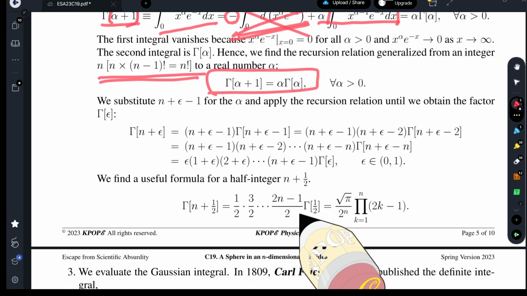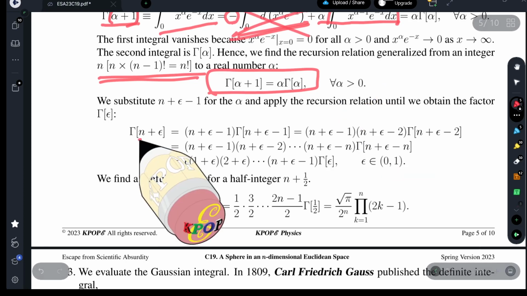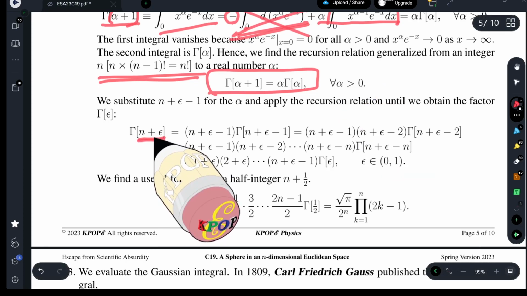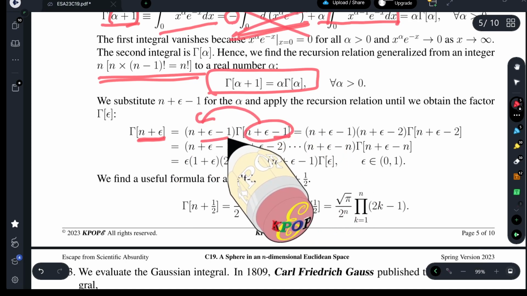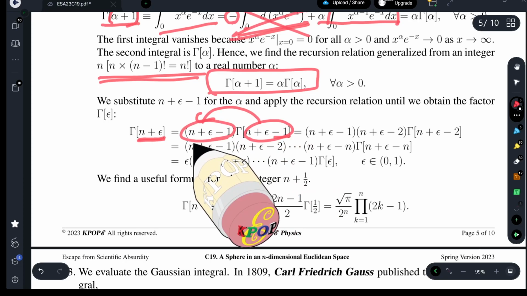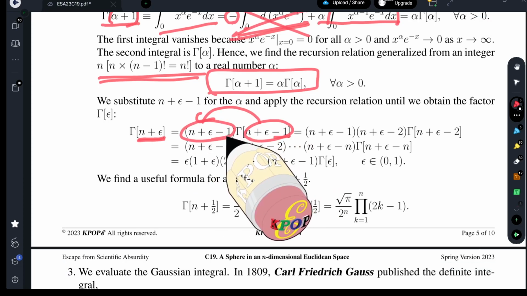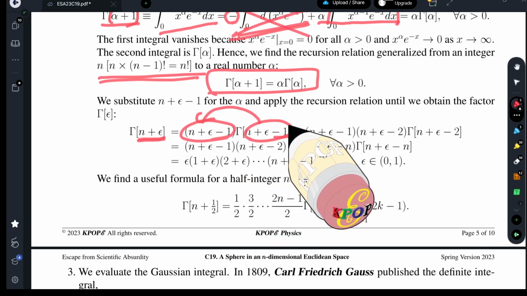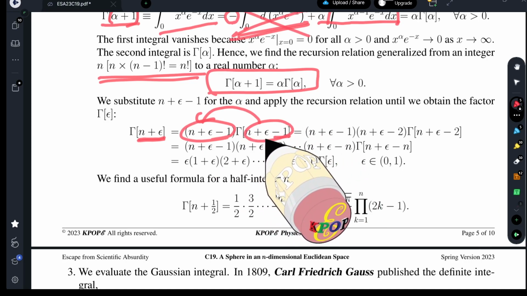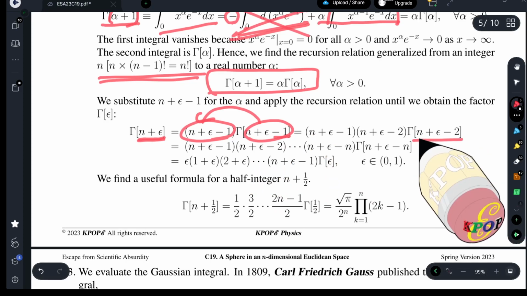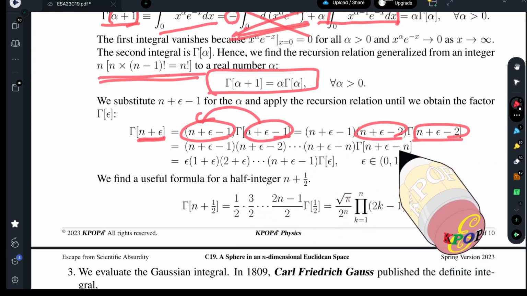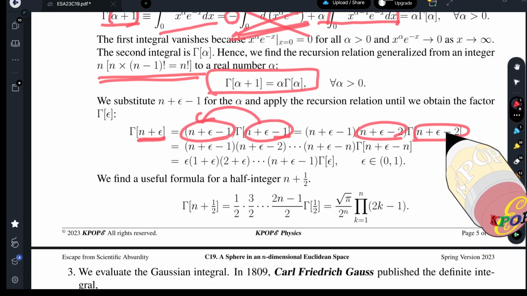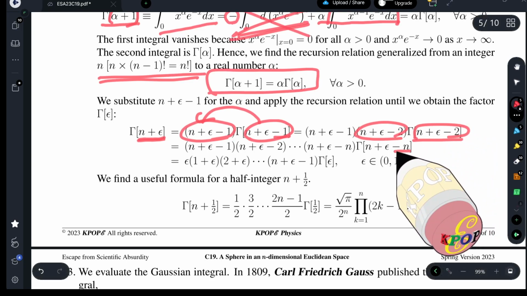By applying this relation recursively, I can decrease the argument by 1 by multiplying the same argument in front of the gamma function. We can do this repeatedly, subtract the argument by 1 one more time, and multiply the same factor, until this minus n cancels exactly.